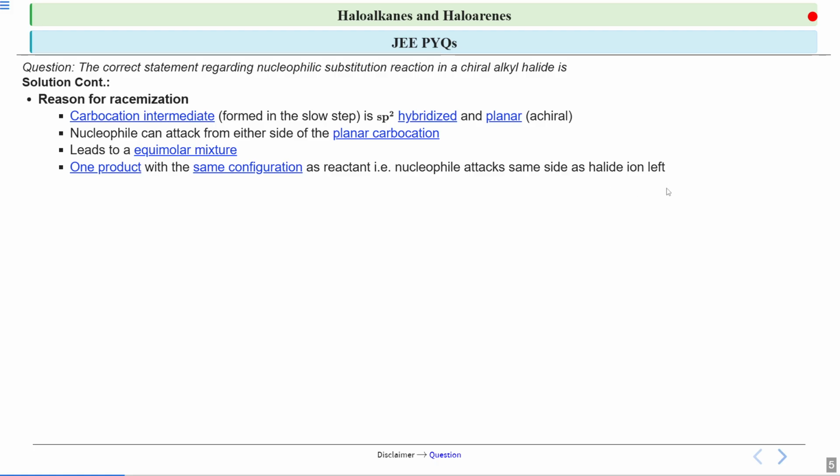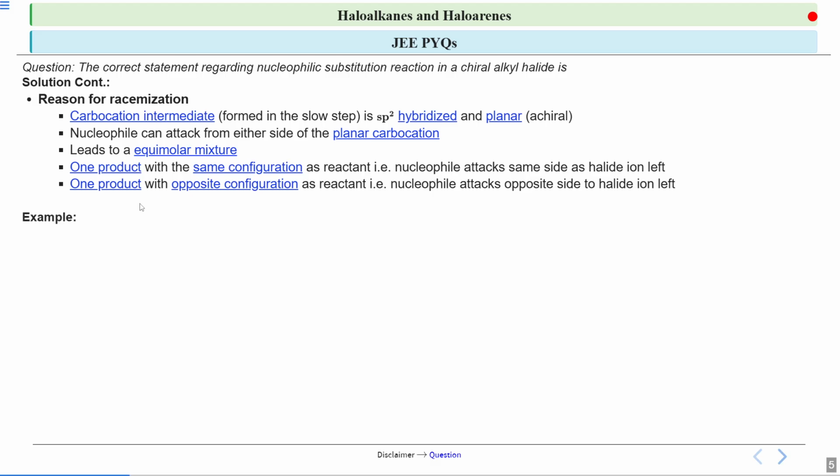That means from the same side where the carbon halogen bond is present. And the second product will be having opposite configuration from the reactant. It does occur when the nucleophile attacks from the opposite side to the halide ion left. That means from the opposite side of the carbon halogen bond.